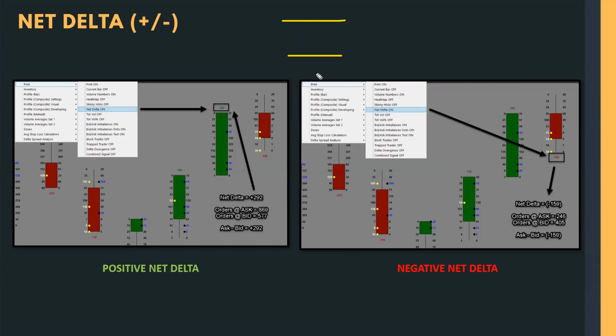The delta, positive or negative, is what we consider the net relationship of all the bid and the ask on the bar. The problem with delta, and this is not just our delta, it's all delta, is that if prices are coming up to this area and I've got a candle up here, I could have orders being executed at market and at limit up here, and they both contribute to the delta reading.